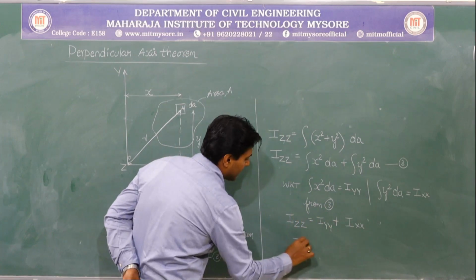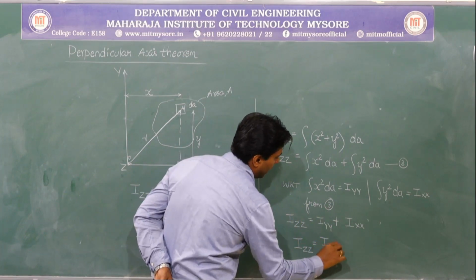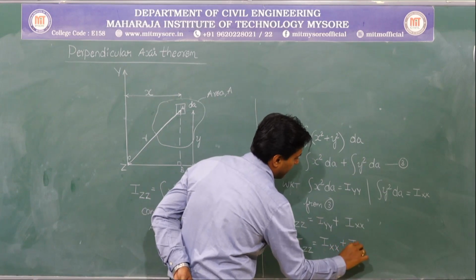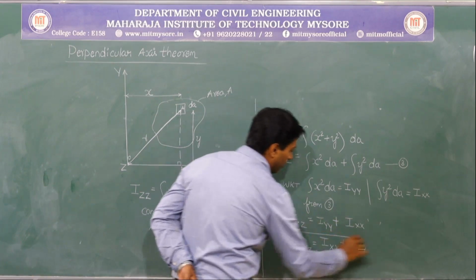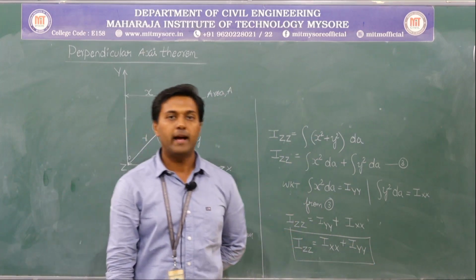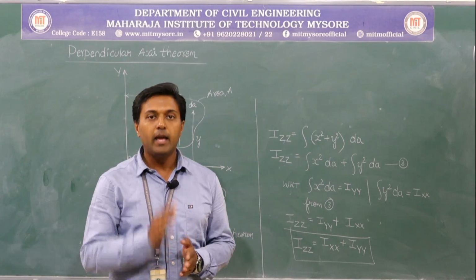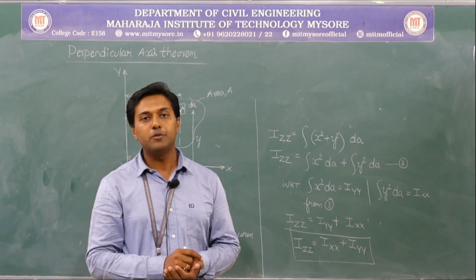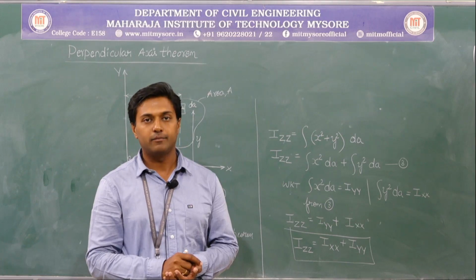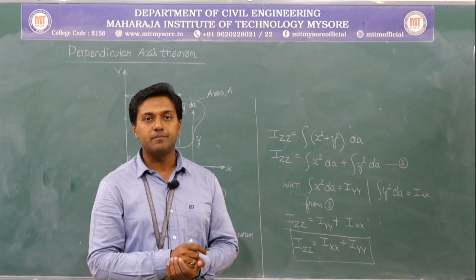A slight alteration: Ixx plus Iyy. Don't you think this was the thing we were supposed to prove? Izz, the polar moment of inertia, is equal to the sum of the moments of inertia about mutually perpendicular axes. So we are done with the perpendicular axis theorem.